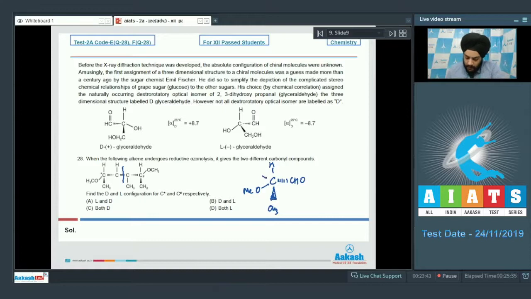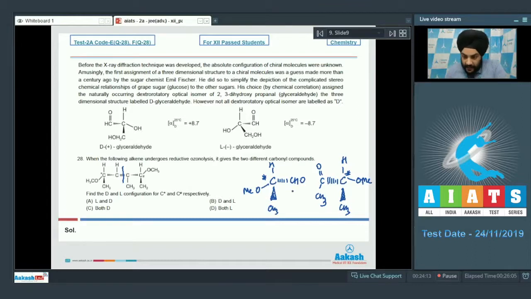And if we talk about the compound from the right hand side of the alkene, which contains C hash, it is going to be the structure. Okay, so this is C star and this is the C hash.